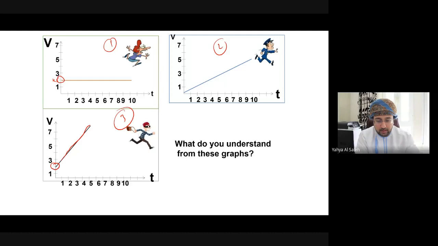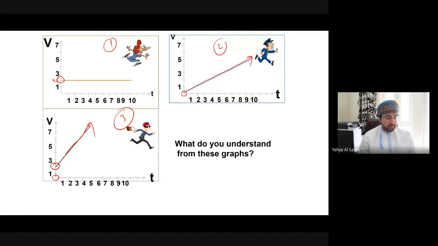The policeman at time 0 is standing still, and he sees the thief running away. So he starts running and accelerating, trying to catch the thief. The acceleration is constant, and this goes on.